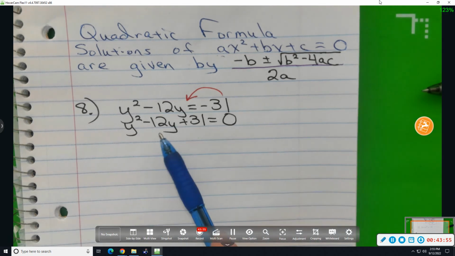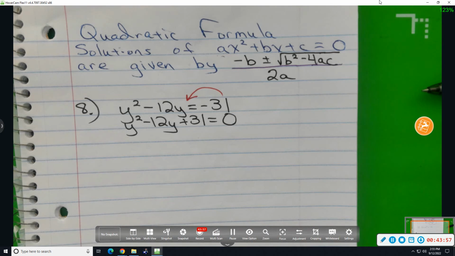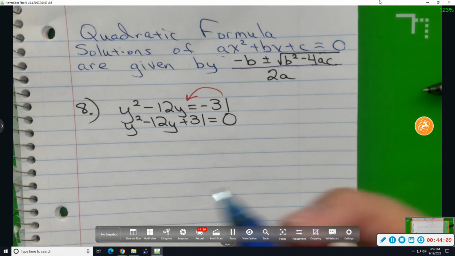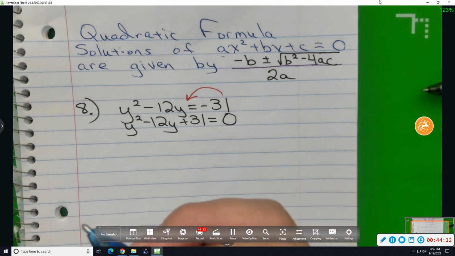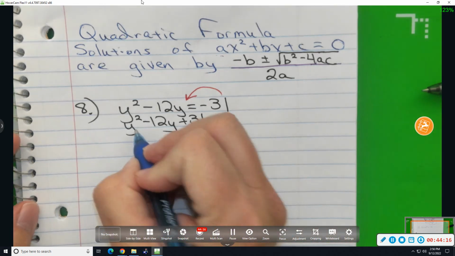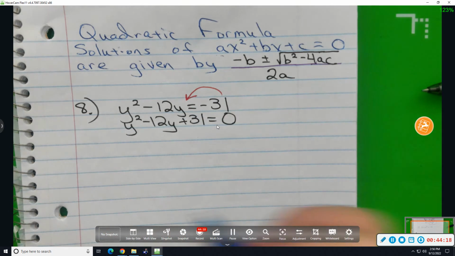There's no way you're going to get that negative 12y. Factoring is my preferred method, and I'm pretty good at it, so I can look at that and tell it's not factorable.